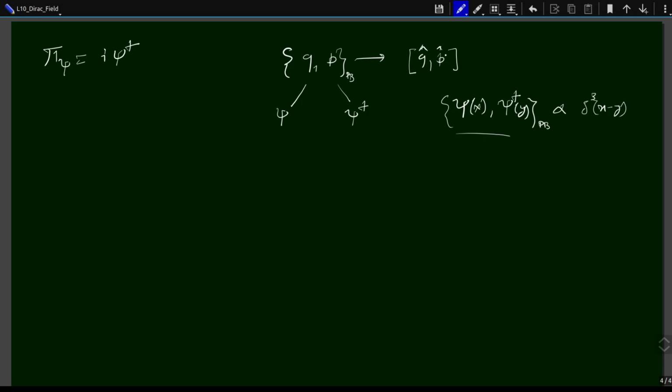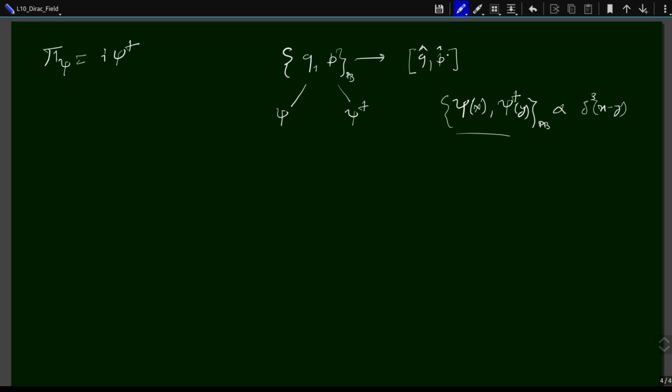For scalar fields or ordinary quantities, it simply went from the Poisson bracket to the commutator, but we know that psi and psi daggers are made out of anticommuting objects. So even at the field level, we would require that they anticommute.